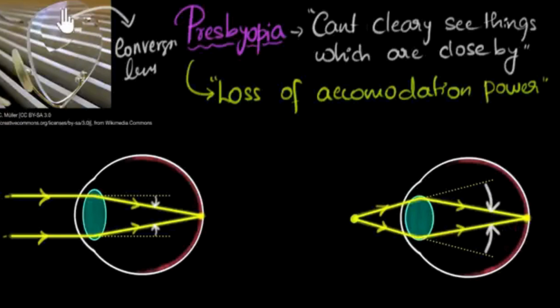And the reason it's provided at the bottom is because whenever we are looking at things close by, like when we're reading something, our eyes usually tend to be towards the bottom, right? When you're reading something, think about it. And if you're looking at things far away, then we'll be using this part of the glasses, when you're looking straight ahead. So this part of the glass is used to correct any defects we might have for distant vision.